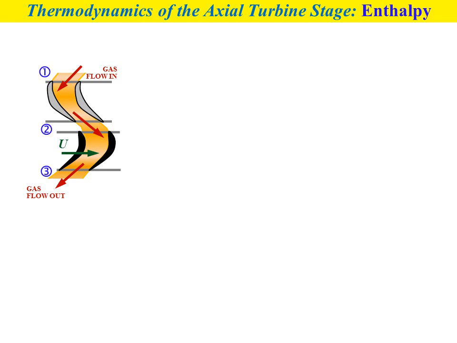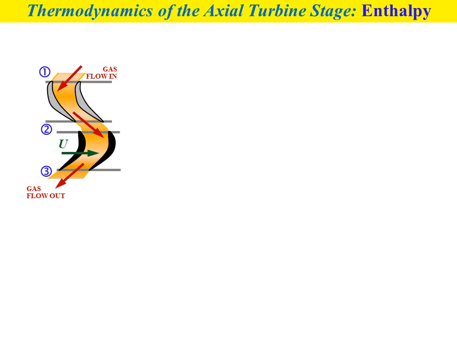So the figure shows a turbine stage that consists of what we call the nozzle or stator and also the rotor. The rotor involves the rotational speed shown by the U vector.